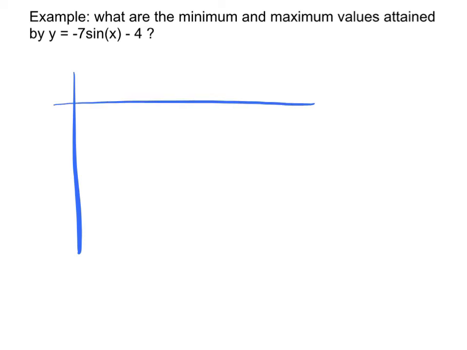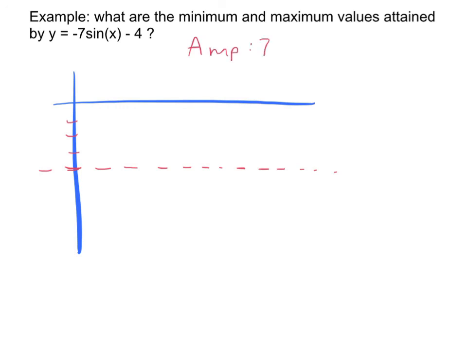Our first step is to plot equilibrium, right? So we go down to -4. So this is the equilibrium line that sine is going to be going above and below, right? Then you've got -7. So what does that mean? That basically means that the amplitude of this function is 7.